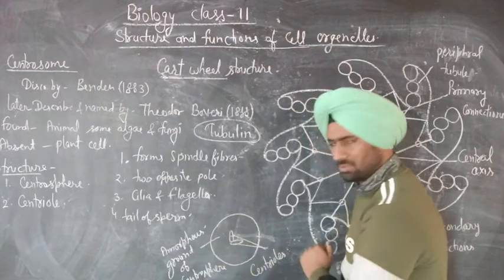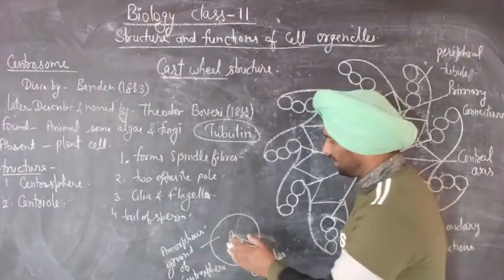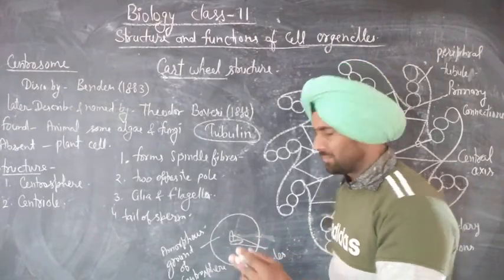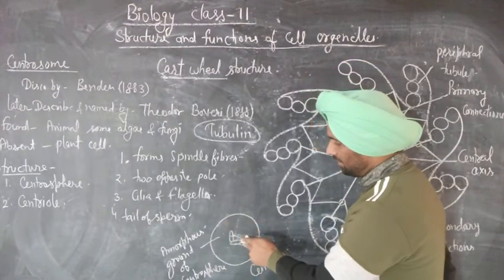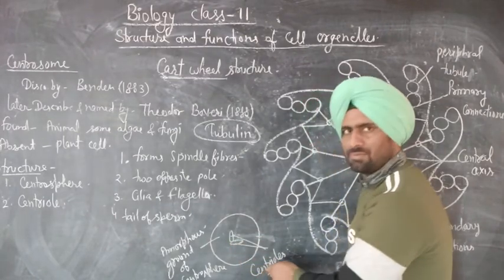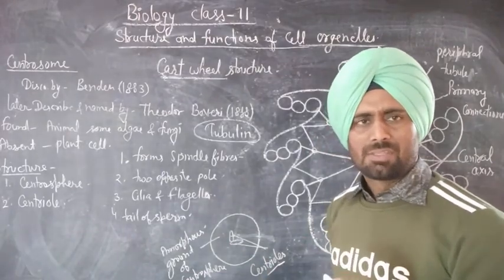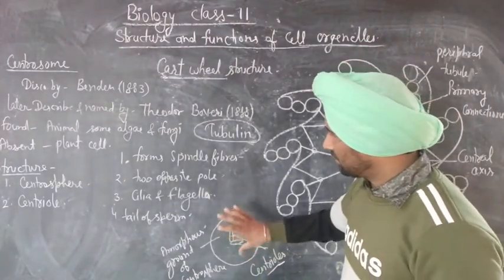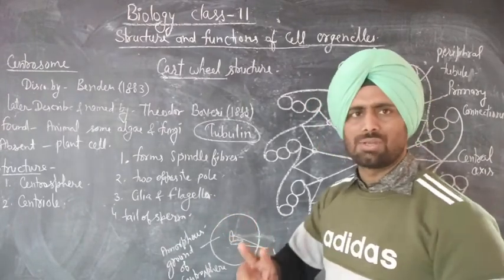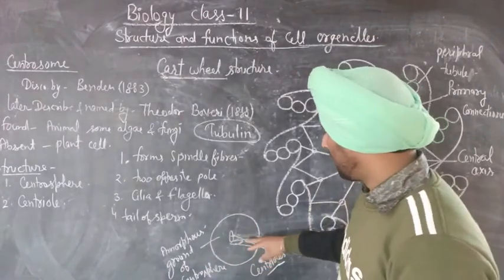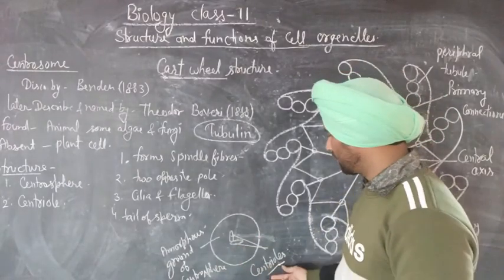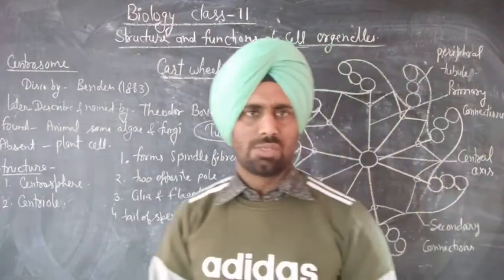In the centrosphere two centrioles are embedded, and they are situated at right angles to each other.